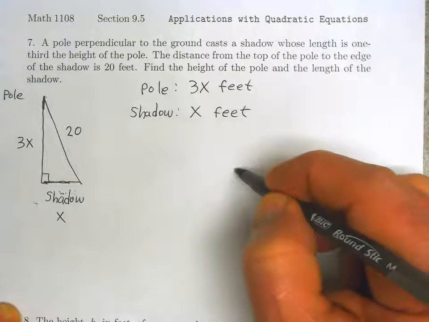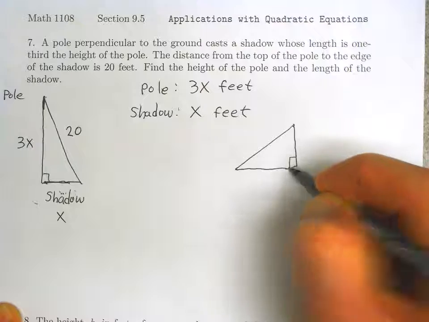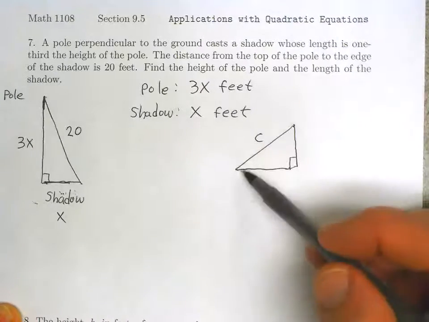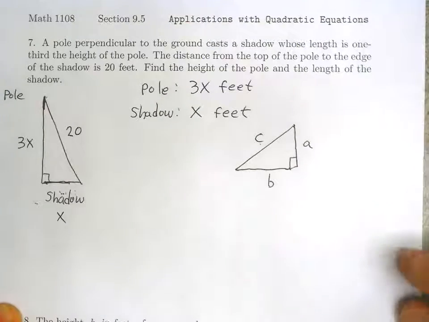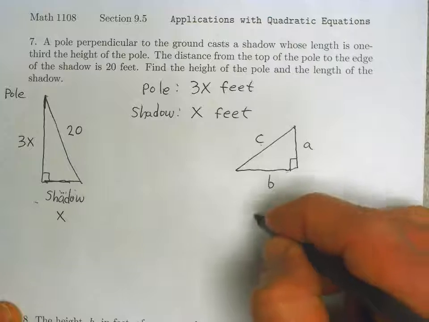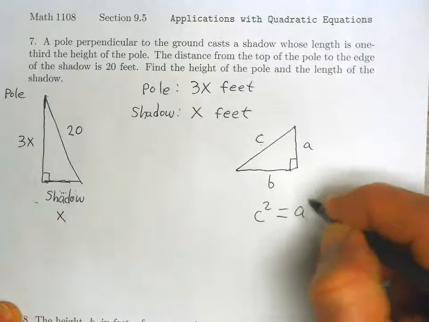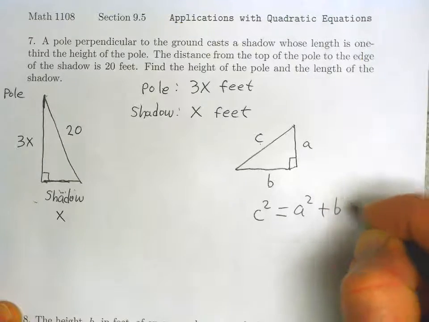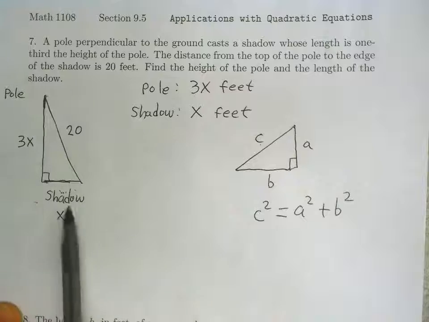So we'll review the Pythagorean theorem. If you have a hypotenuse with length c, and if the legs have lengths a and b, then the Pythagorean theorem says that if you square the length of the hypotenuse, that's equal to the sum of the squares of the lengths of the 2 legs. Okay, so we're going to do that with this right triangle.